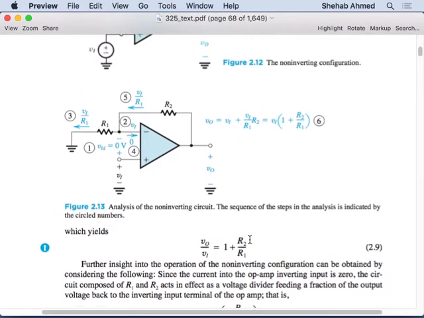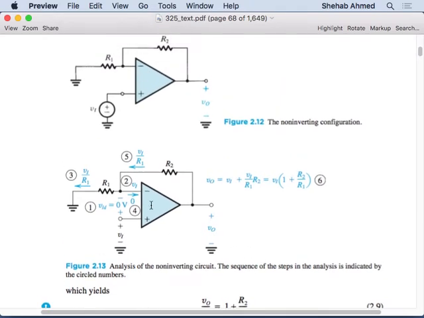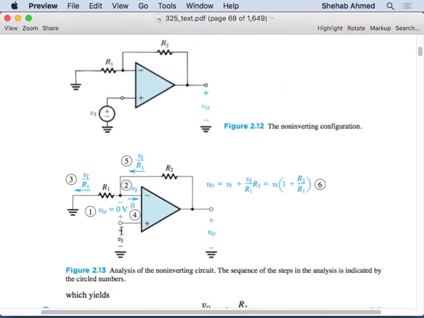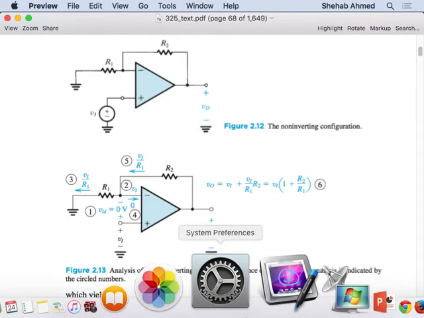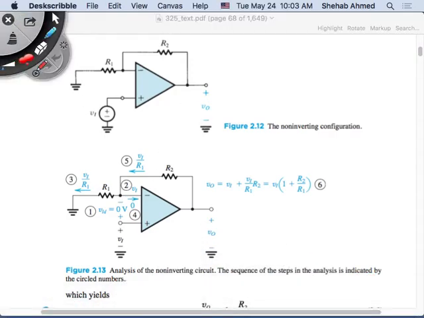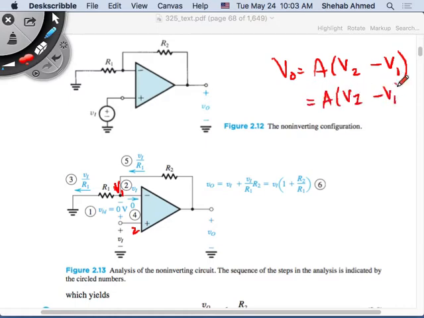The assumption was that the voltage difference between these two is zero because of the feedback. So the output voltage V output is equal to A times V2 minus V1. This is V2, this is V1. We assume that V1 is equal to VI, so it's equal to A times VI minus V1.